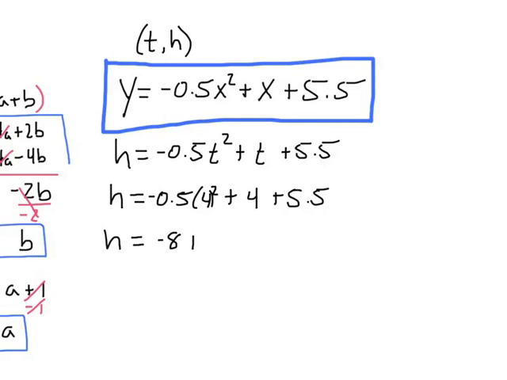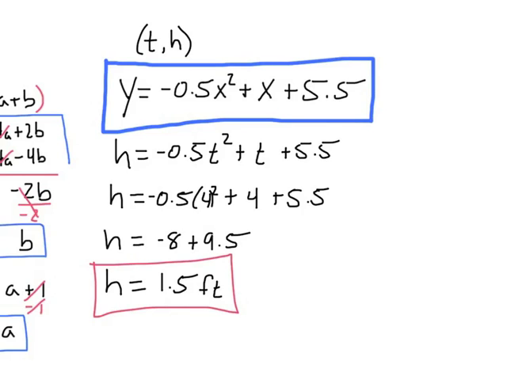So you have negative 8 plus 4 plus 5.5, which is 9.5. And negative 8 plus 9.5 gives us a height of 1.5. And the measurements they gave us in here are feet, so this answer is in feet. There's our answer for number 6, part B. Any questions there?